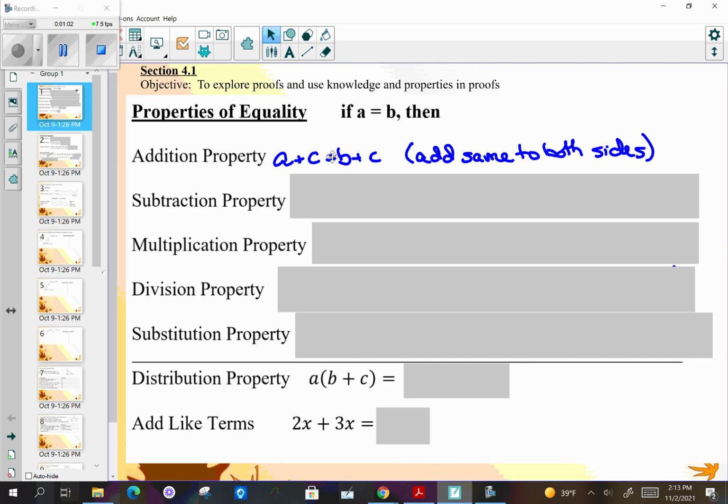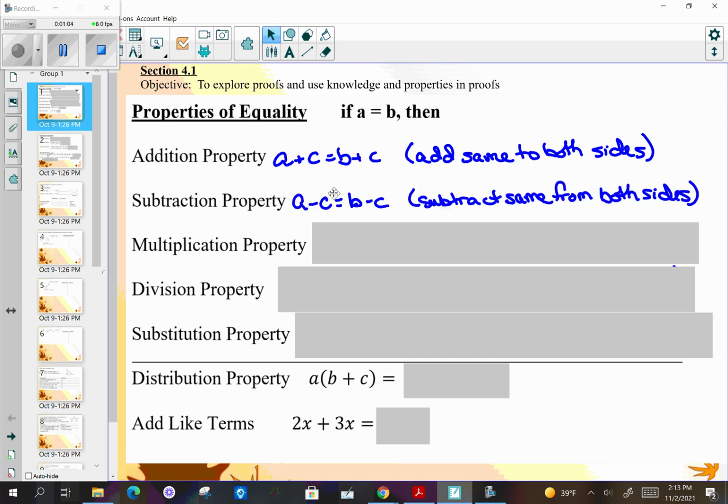We also did the same thing with subtraction. If A equals B, then A minus C equals B minus C. You subtract the same thing from both sides.